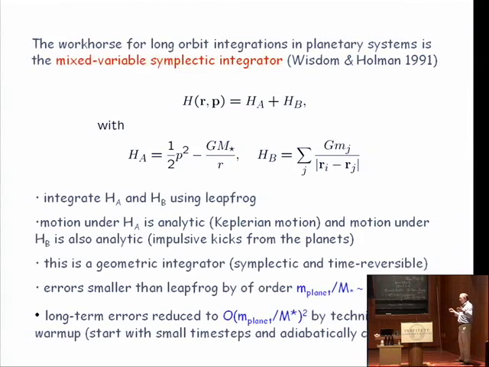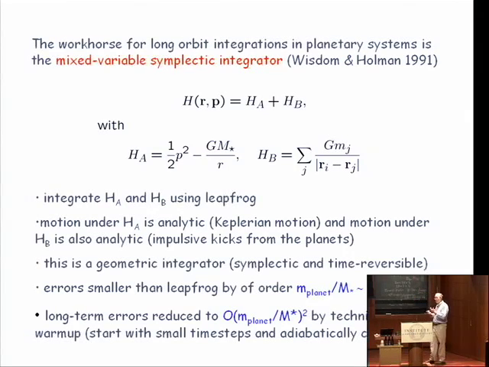That turns out to be such a shock to the system that it creates long-term errors. But if you start off with a very small time step and slowly increase the time step up to the final value you want, and then run along at the final time step, you can show that that reduces the error by another factor of the ratio of the planet mass to the mass of the central body.